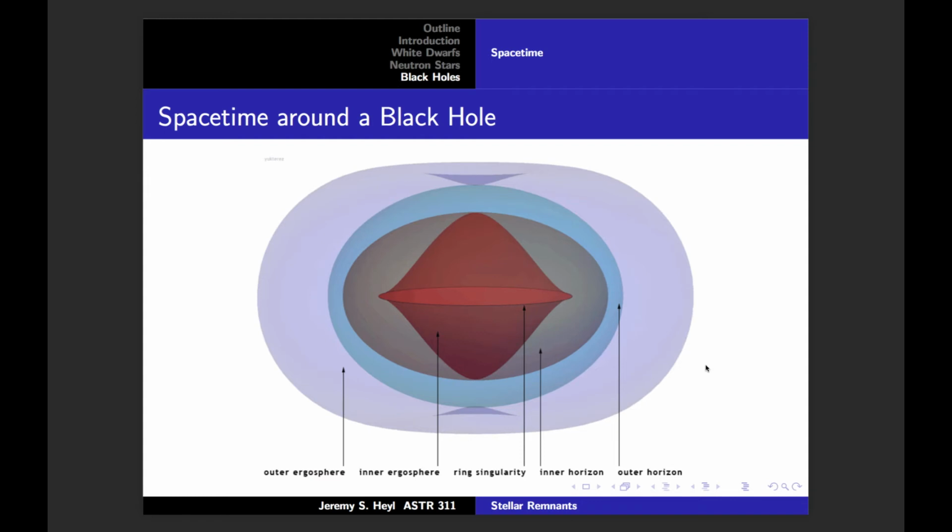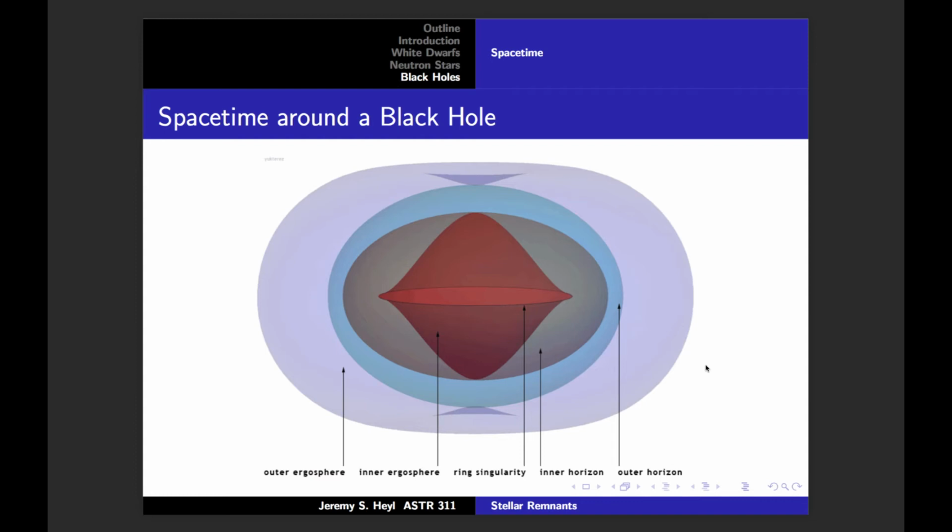So then everything has to fall in, but if we think about what goes on outside the black hole first, because that's where we can actually measure things, you have this funny region near the black hole called the ergosphere, where because the black hole is rotating, everything in that region has to go around with it.